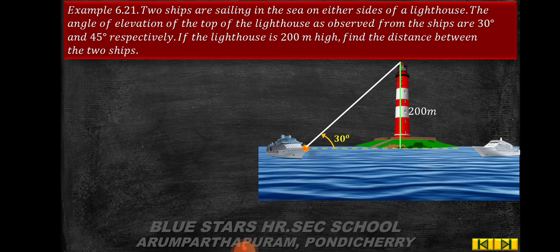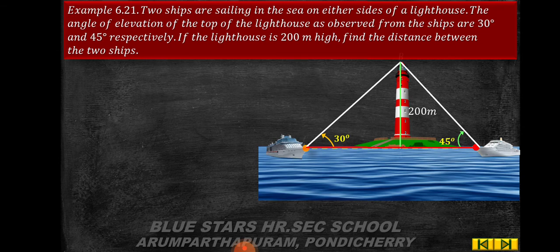That angle is 30 degree, and there is another ship on the right side. Then draw one line from that second ship to the top of the lighthouse. That angle is 45 degree. Then join the points between the two ships.